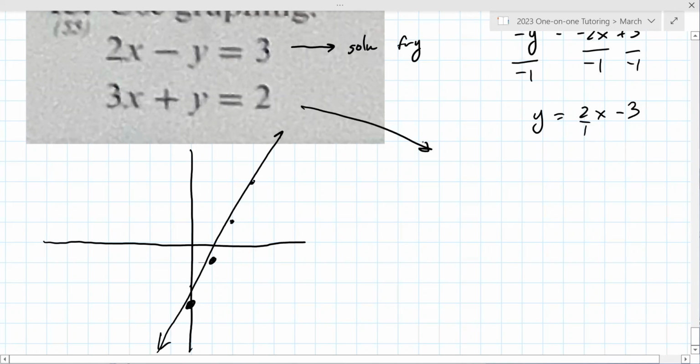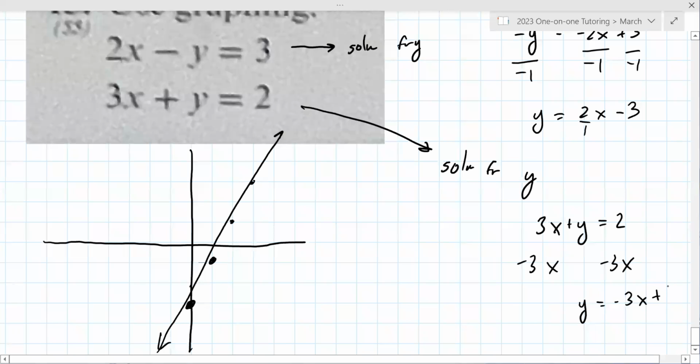We're going to take the second equation here and solve for y. 3x plus y equals 2. Subtract 3x from both sides. y equals -3x plus 2. So they're not going to be parallel.